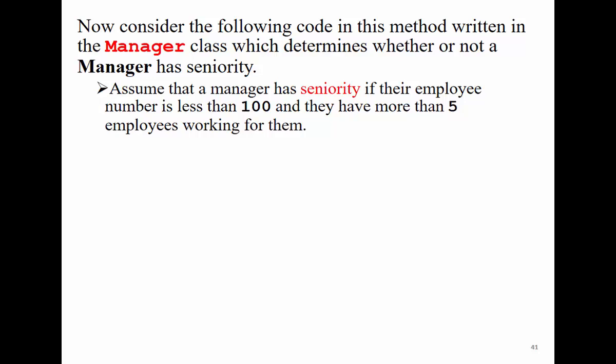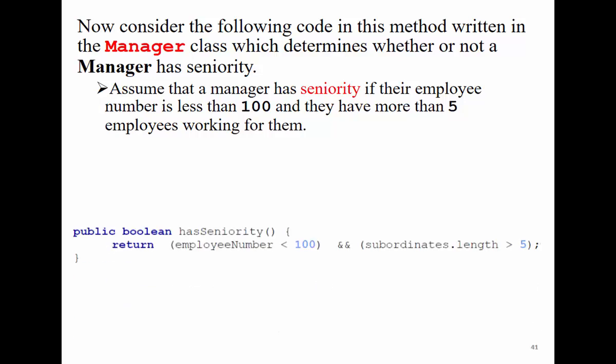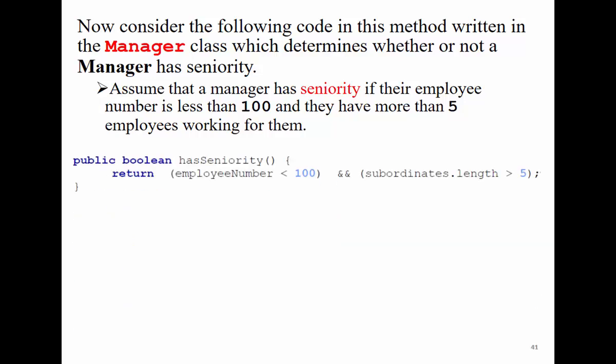So you look at the manager class, and you say this manager has seniority if his employee number is less than 100, which means he is among the first people hired by this company, or this manager coordinates more than 5 employees working with them. So how can we implement this kind of seniority? hasSeniority is a boolean that returns true or false: does this manager have seniority?